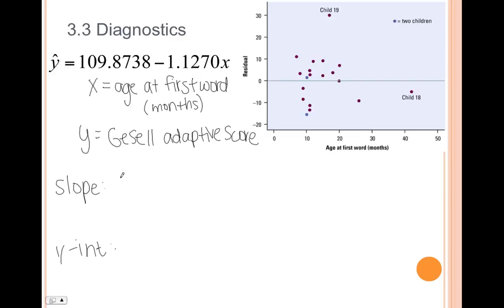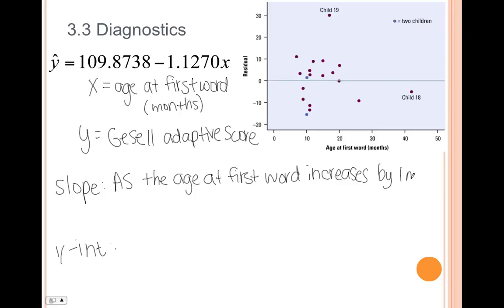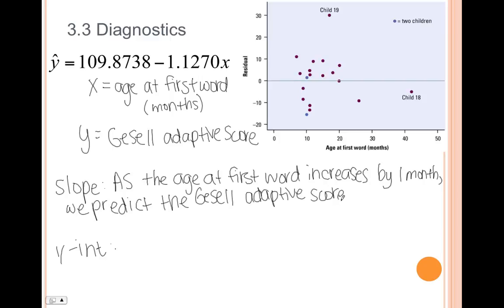Okay, my slope sentence, remember, as x increases by 1, we expect y to increase or decrease by the slope. So as x, the age at first word, increases by 1 month, we predict y, the Giesel adaptive score, to increase.